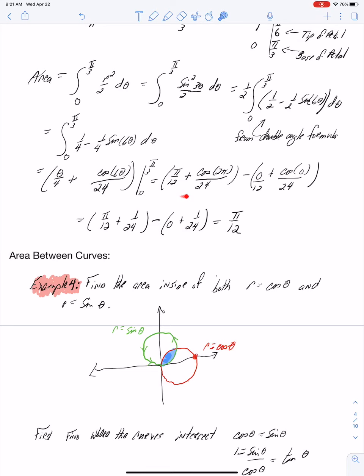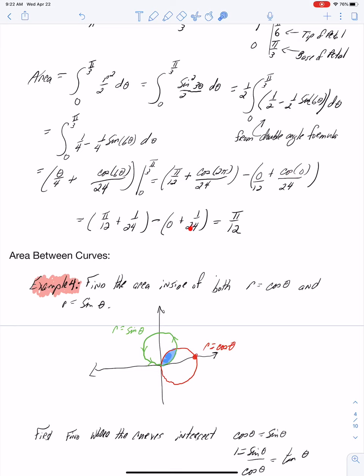And if I plug in the top, I get pi over 12. If I plug in pi over 3 into 6 theta, I end up with cosine of 2 pi. Cosine of 2 pi is 1. If I plug in 0, then I end up with 0 over 12, but the cosine of 0 isn't 0, it's 1, right?